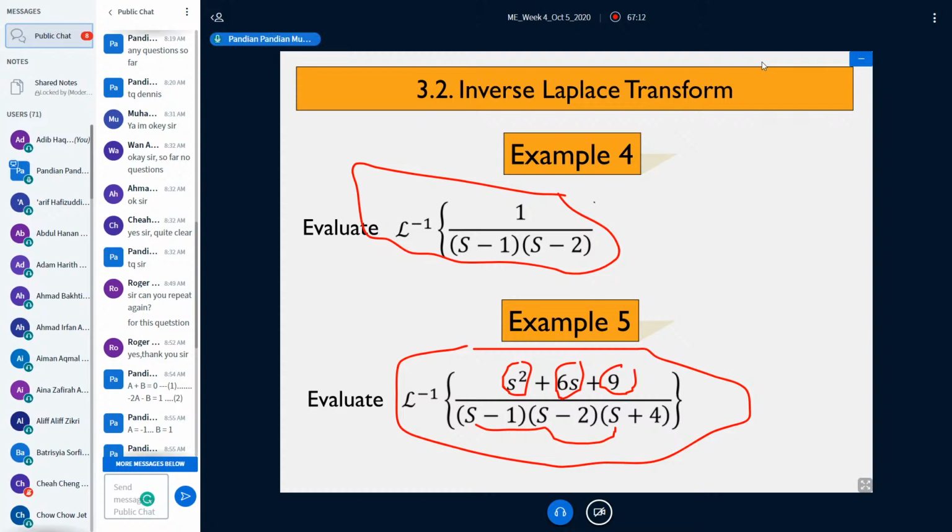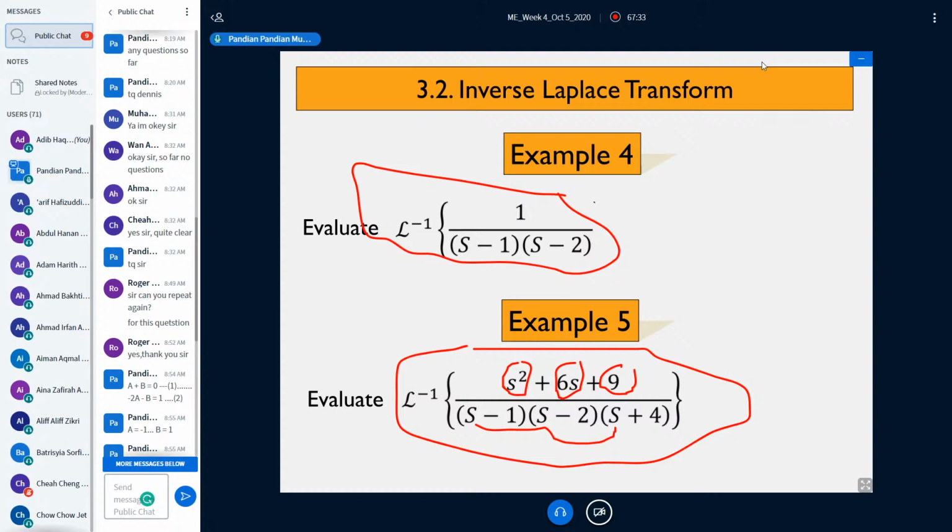Wang Chen, are you there? Yes, which a? S plus 4, that is the last one: 1 over 30, e power minus 4t.